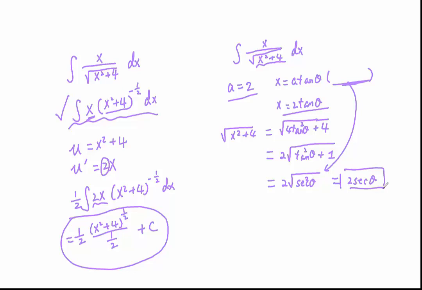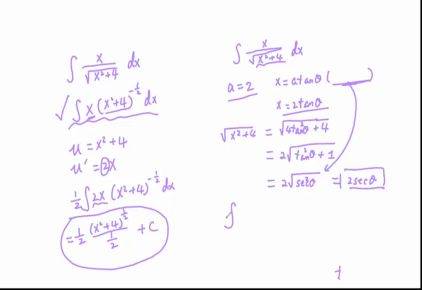Any questions so far? This is what we did last time. Now we can continue to convert everything to theta because we started with x, right? Now x has to be converted into theta. So let's substitute. Our x right now is 2 tangent theta.